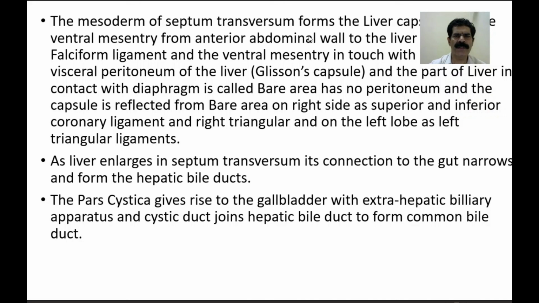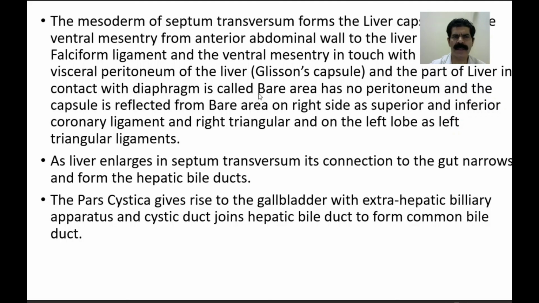Now the mesoderm of the septum transversum forms the liver capsule also, and the ventral mesentery from the anterior abdominal wall to the liver forms the falciform ligament and Glisson's capsule, and the bare area, and the part of the liver which develops from the septum transversum. And from the same septum transversum, we have seen how the diaphragm also develops.